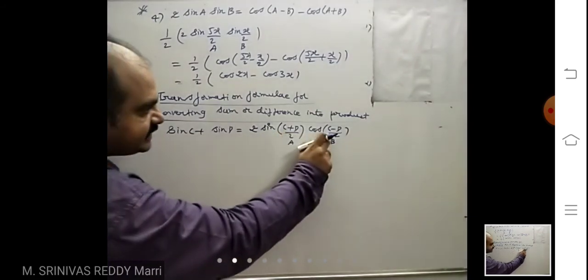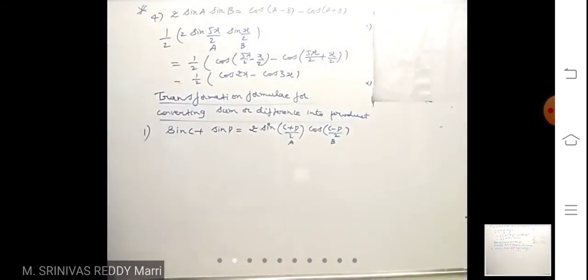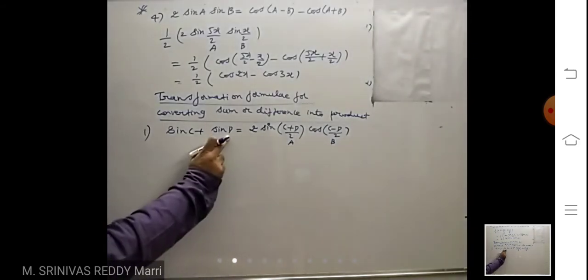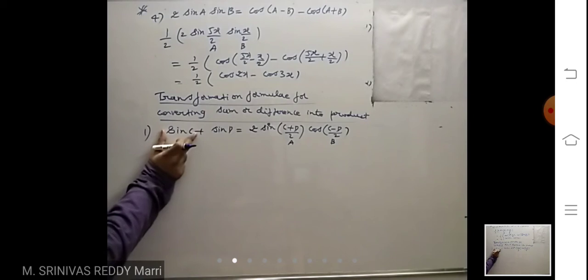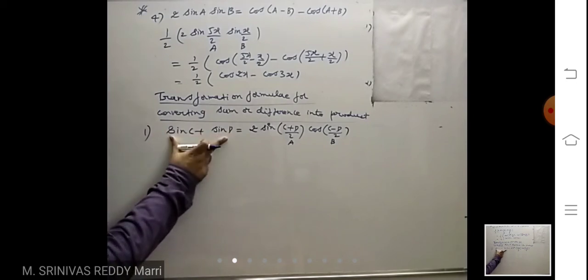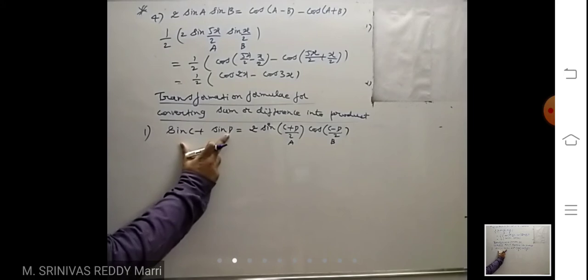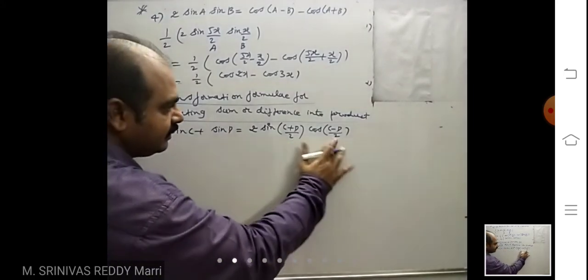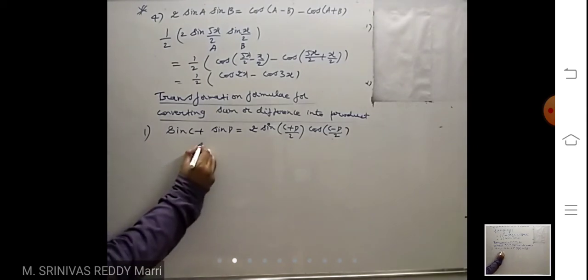Next, this is A, this is B. What is A minus B? This minus this is 2D divided by 2. This is the reverse way, right? So that means whenever the sum is there, if two sines are there, first angle take it as C and second angle take it as D, and then write 2 sin C plus D by 2 cos C minus D by 2.